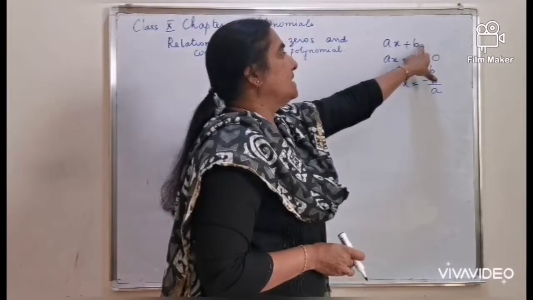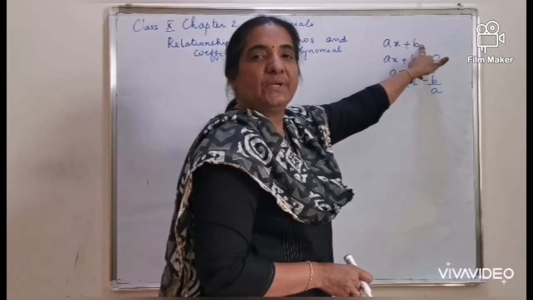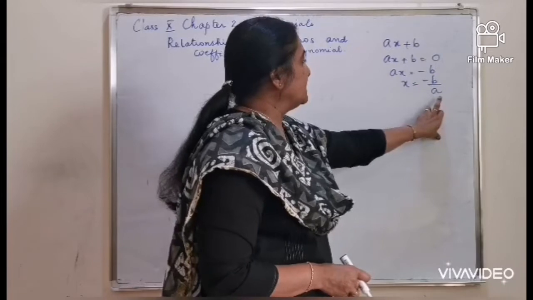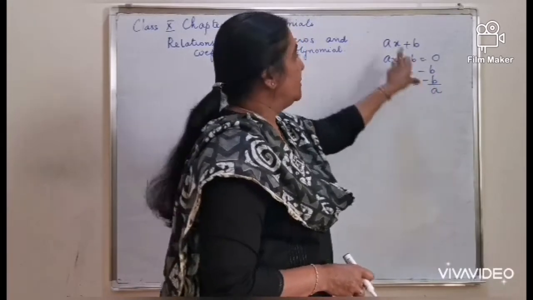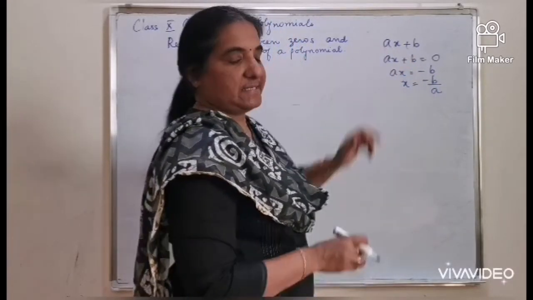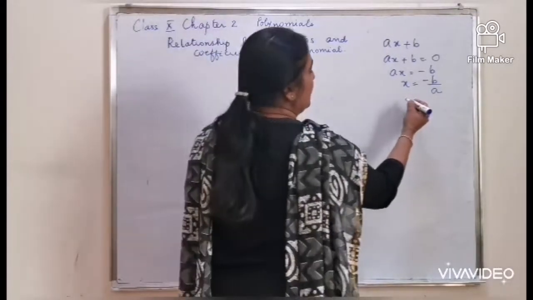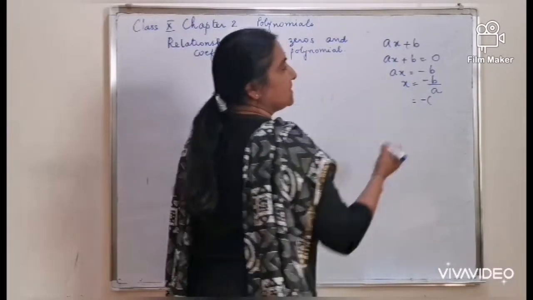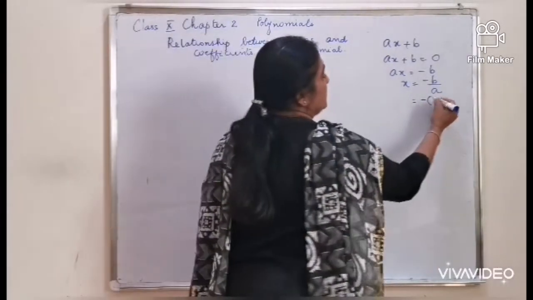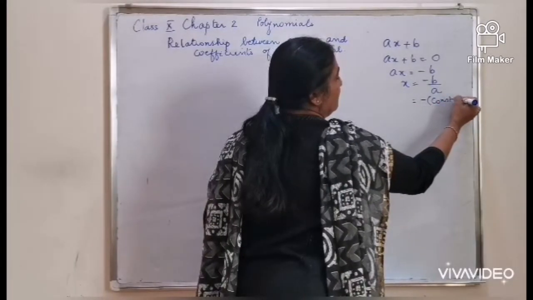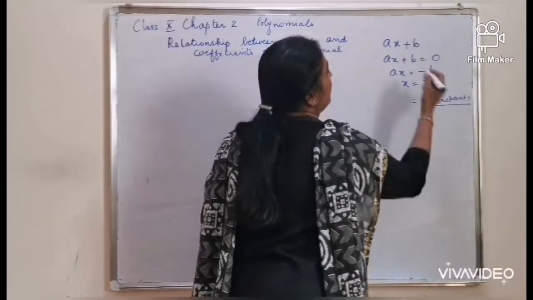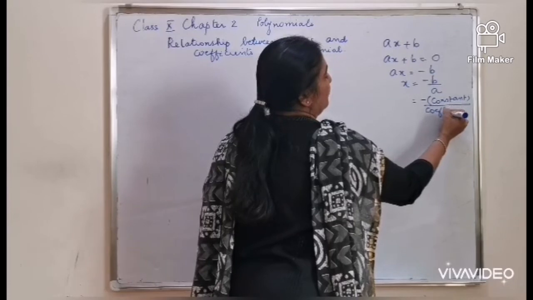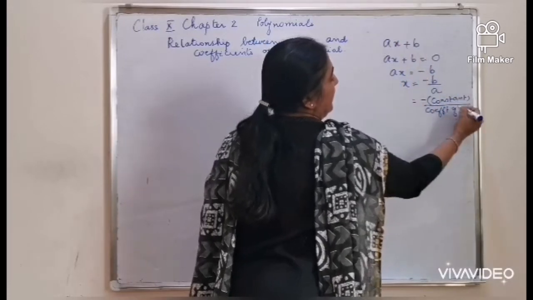b represents the constant value in the polynomial and a represents the coefficient of x. That is, the rule is minus of constant by the coefficient of x.